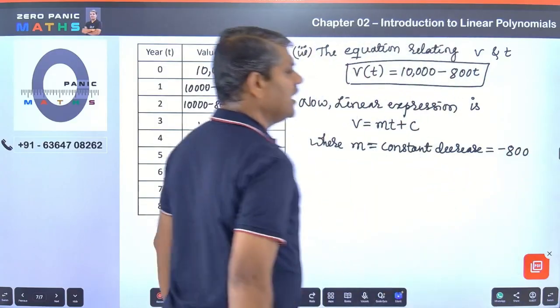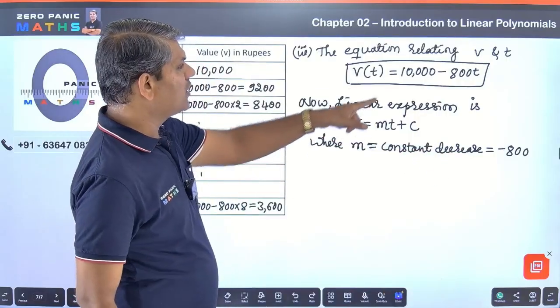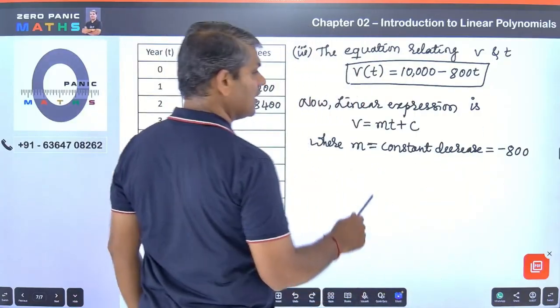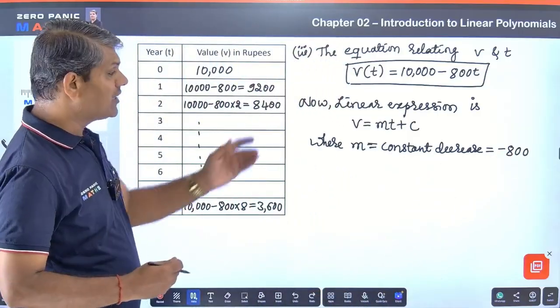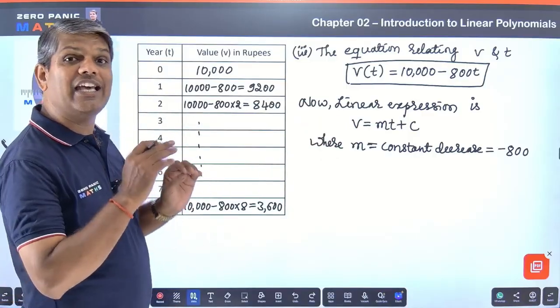So every year 800 is getting decreased from the initial value 10,000. That is a constant decrease. Now why am I writing it in terms of minus? Because I have to prove that this equation represents linear decay.